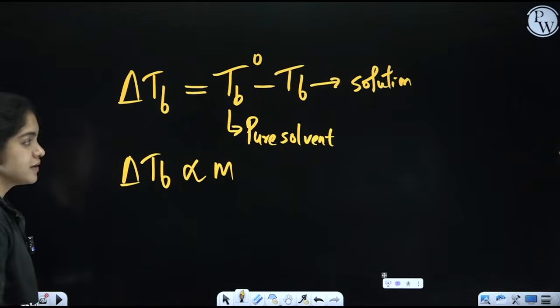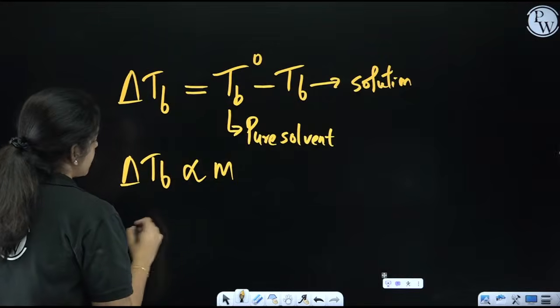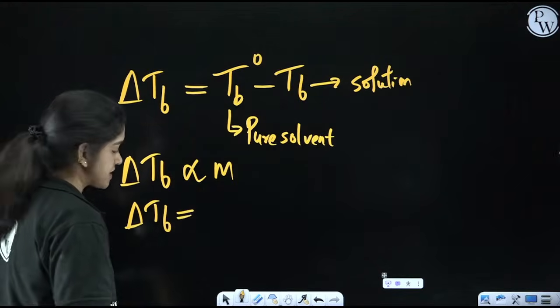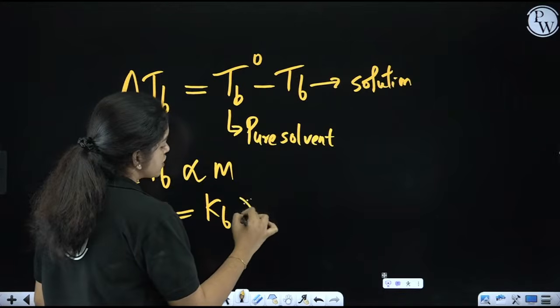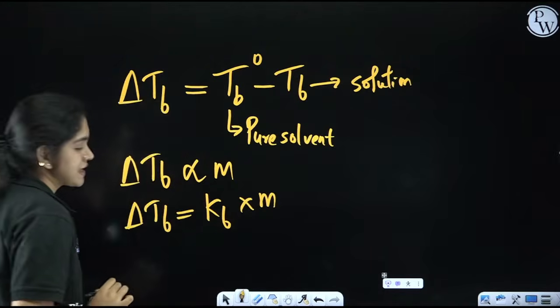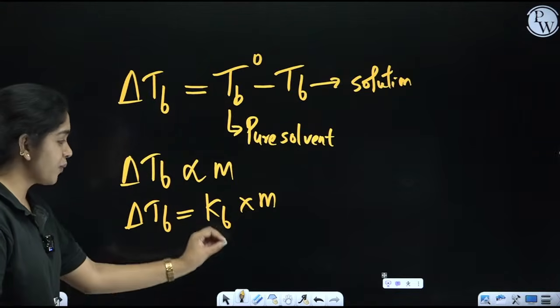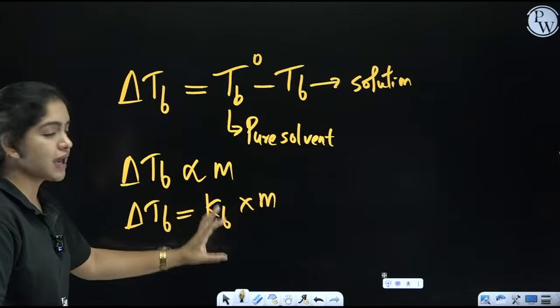We want to remove the proportionality by using a constant, that is Kb into m, where Kb is known as the elevation in the boiling point constant or ebullioscopic constant. Very, very important thing: delta TB equal to Kb into m.